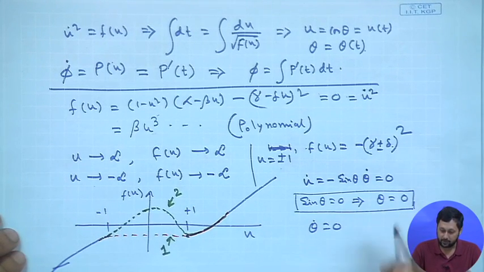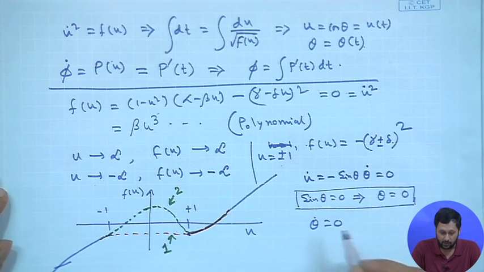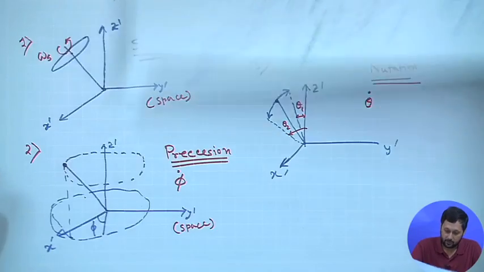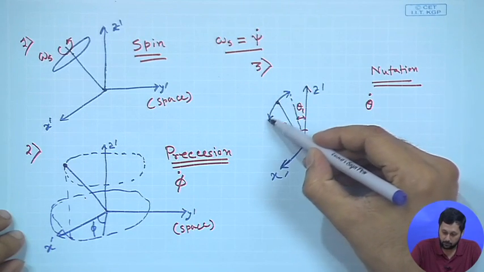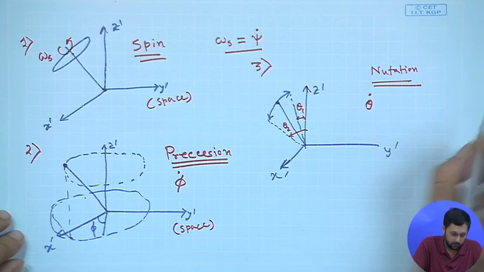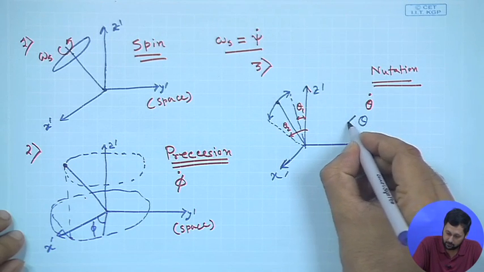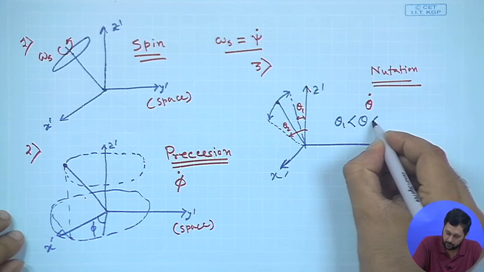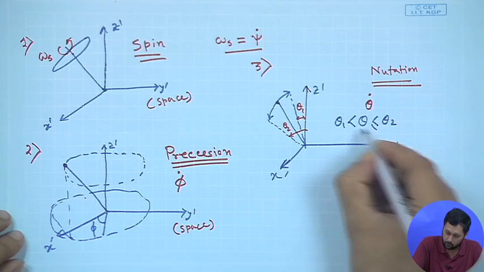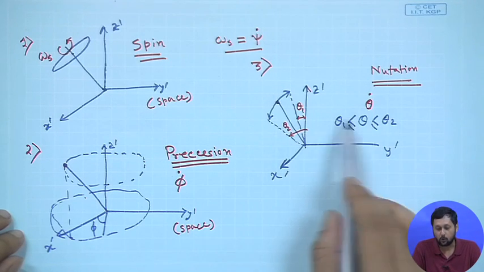Now, I would say if during the motion it encounters a turning point. So, what I mean is, if the axis of the top is moving between 2 limits theta 1 and theta 2, then for any theta which is greater than or equal to theta 1 and less than or equal to theta 2, the top motion is possible.